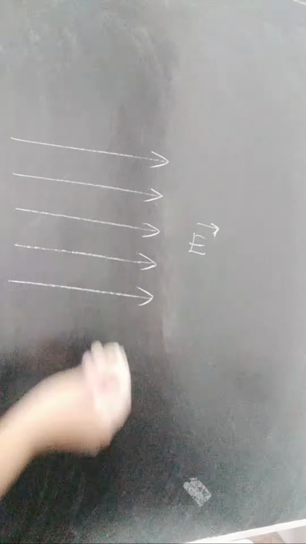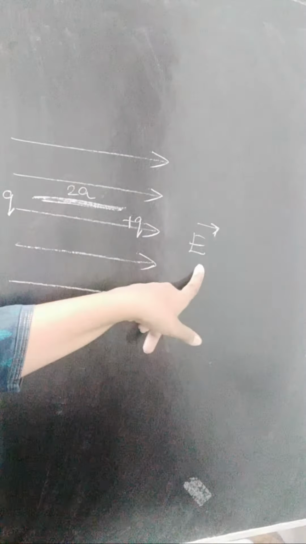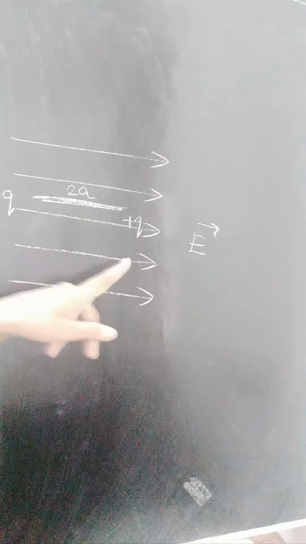Uniform electric field. The dipole is lying along the uniform electric field with the values minus q and plus q, separated by the distance 2a, right? Electric field remains the same, but the charge is varying.